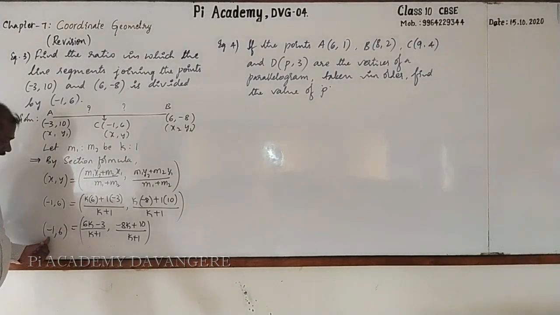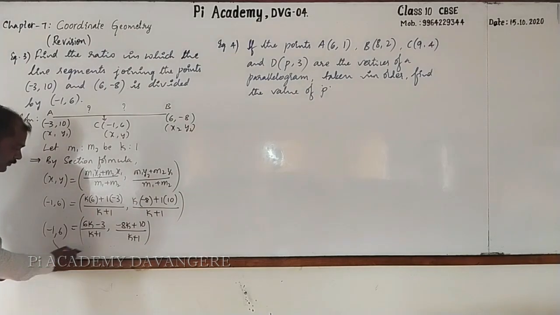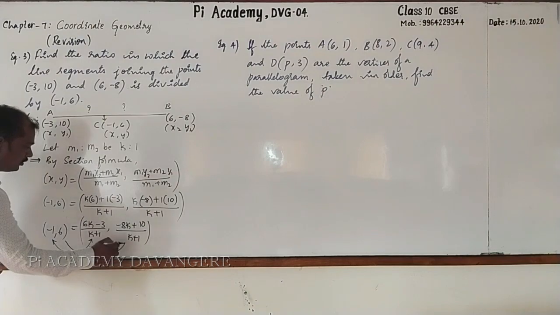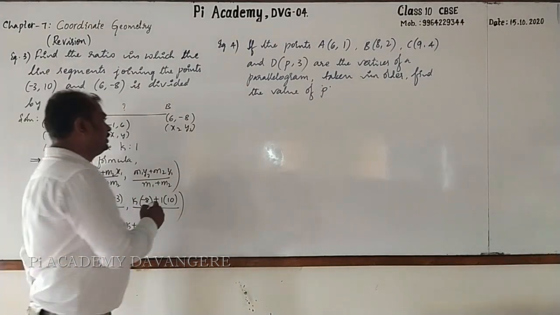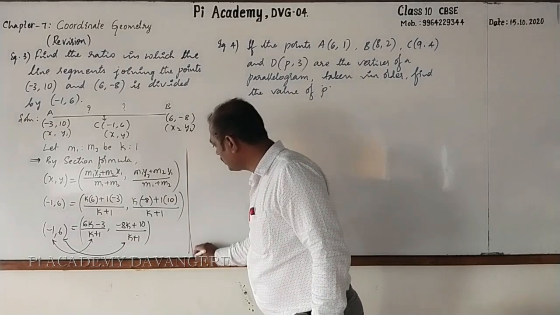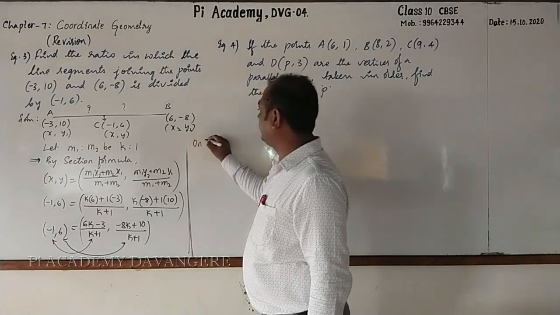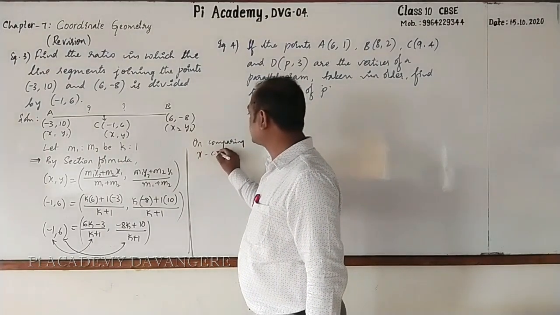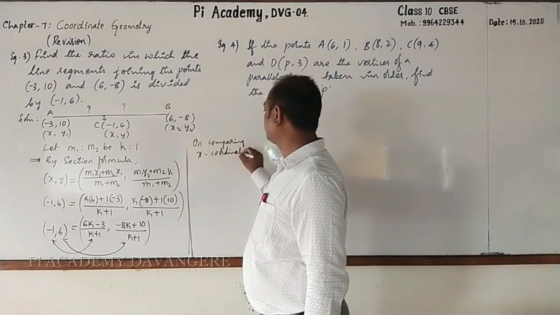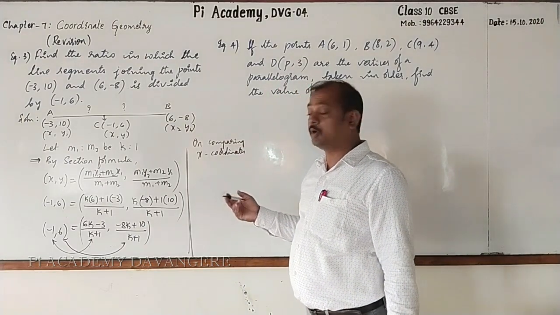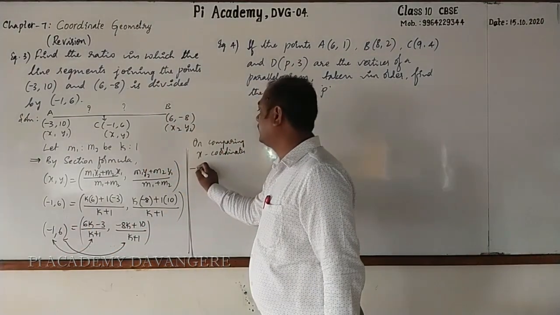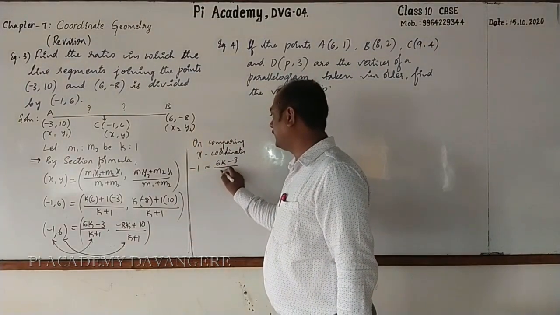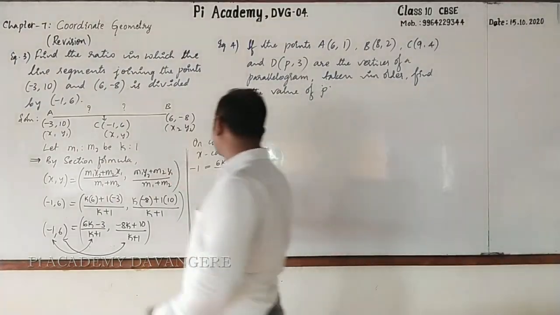Look here. You can go for equating the coordinates, either x coordinate or y coordinate. Anyone can be taken. Here I will write, on comparing x coordinates. Or else even you may go for taking y also. X coordinates are minus 1 is equal to 6k minus 3 by k plus 1. Go for cross multiplication.